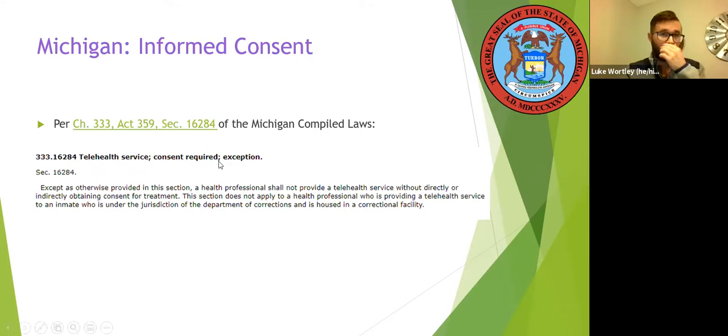Their administrative code, their language around consent required can be found in Chapter 333, Section 16-248. Except as otherwise provided in this section, a health professional shall not provide a telehealth service without directly or indirectly obtaining consent for treatment.